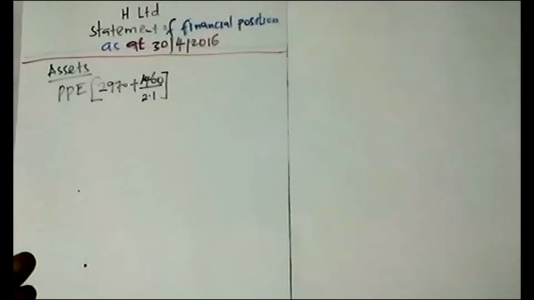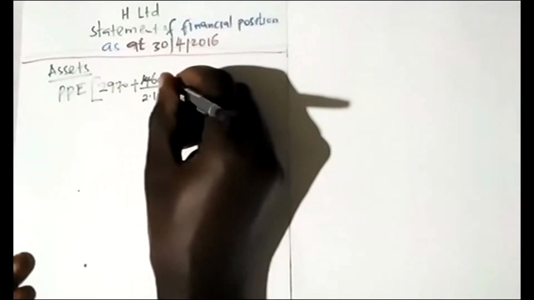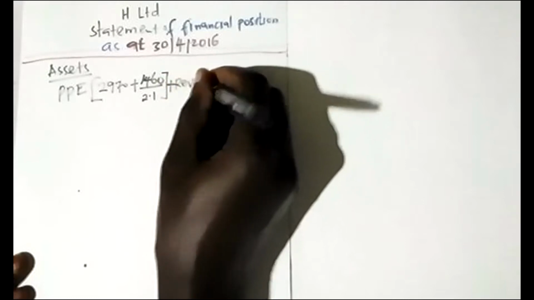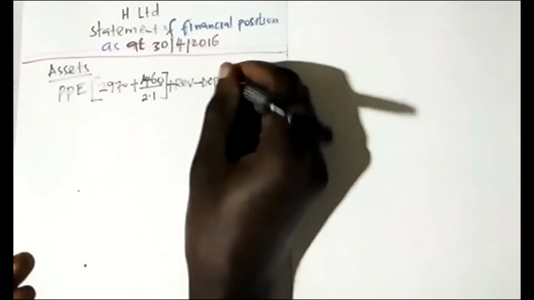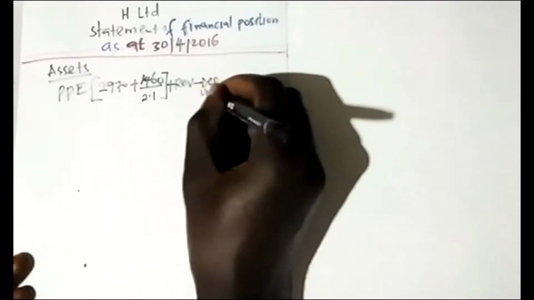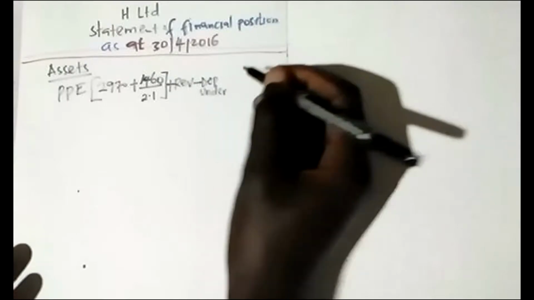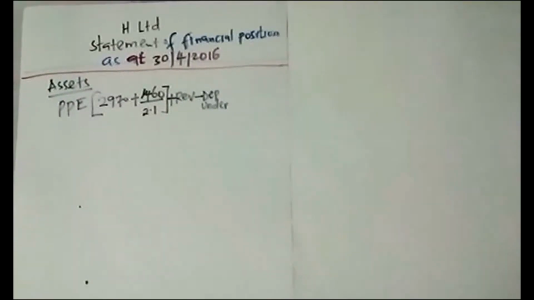You could have arrived at the same answer, so that before you minus, you add revaluation, you minus depreciation undercharge. After that, you minus your UPFA, of which both of them have been explained on how to do them.